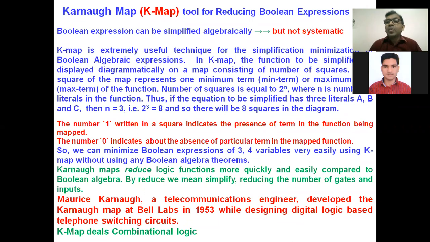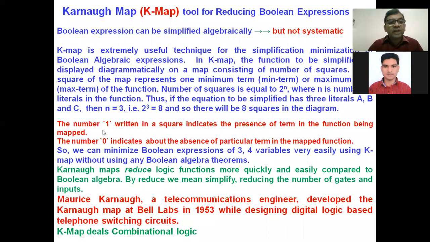For example, for a K-map having 3 variables, there will be 2 to the power 3, that is 8 squares. If there are 2 variables, there will be 2 to the power 2, that is 4 squares.